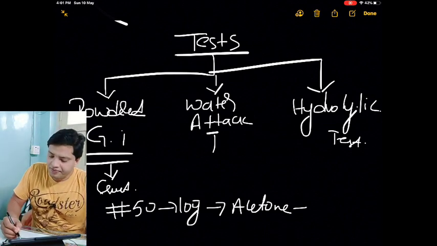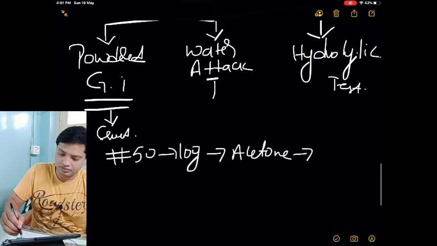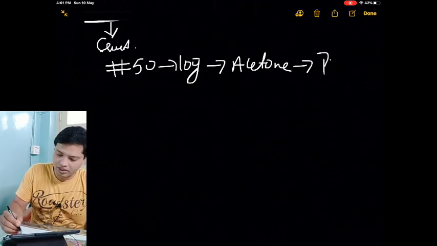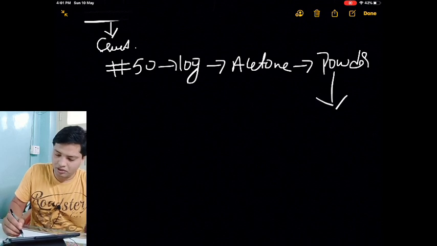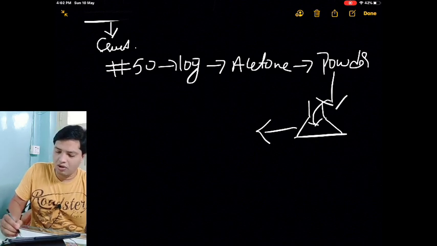Then what will you do? After treating with the acetone, take the glass powder, dry it, then add this powder to a conical flask in which we have water.